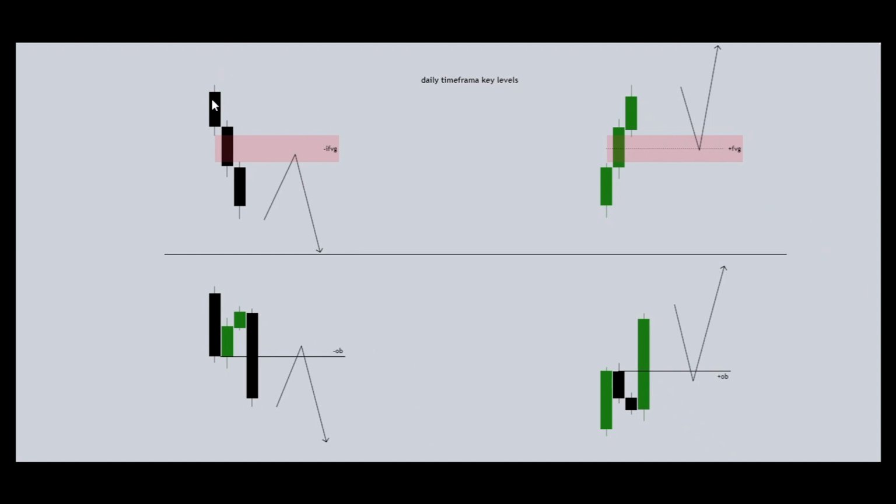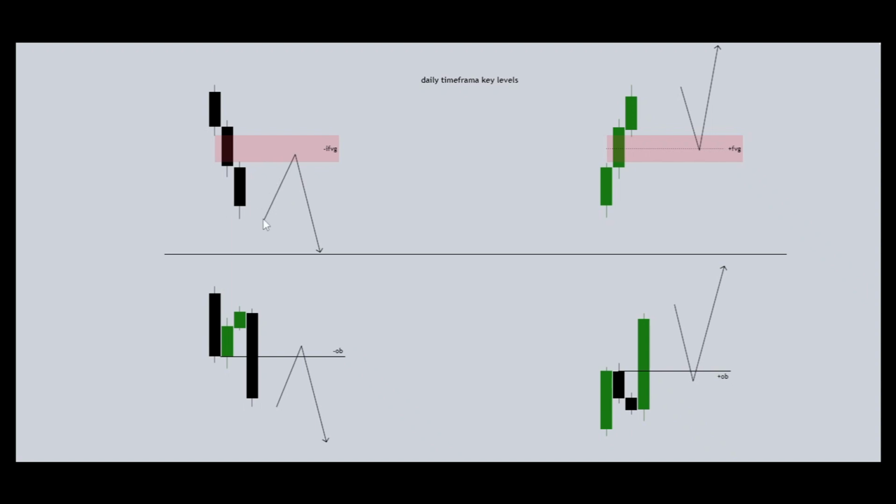A fair value gap is a three candlestick pattern where the wicks of the first candlestick and the wicks of the third candlestick fail to overlap and leave a gap in between. That gap, we consider it the fair value gap or an imbalance. We can call it whatever we want, but at the end of the day, it does the same thing.